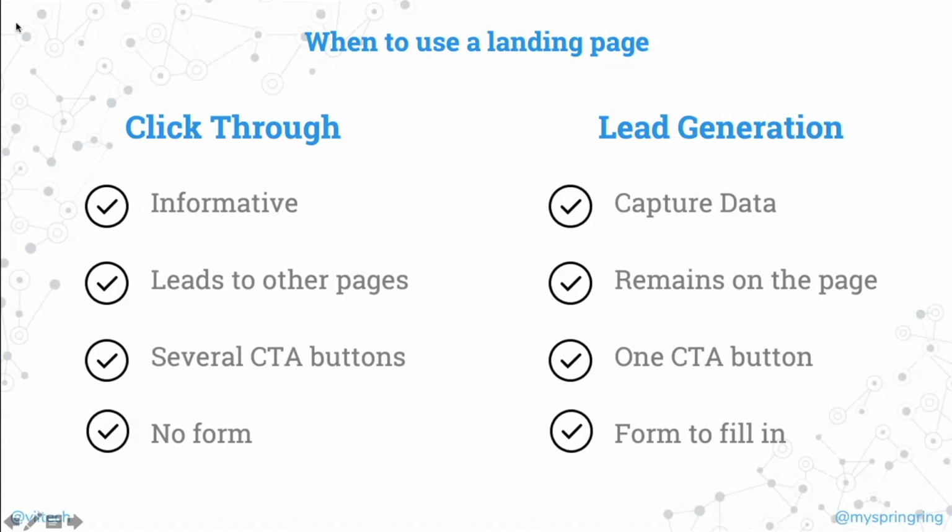So if an email is more important than a name, then you get to keep your form very short. But if, for example, they're registering for a free trial, then you'd need more information about where they're coming from, more information regarding their business. So it usually has one call to action button, and the user remains on the same page and is not led through the entire website.